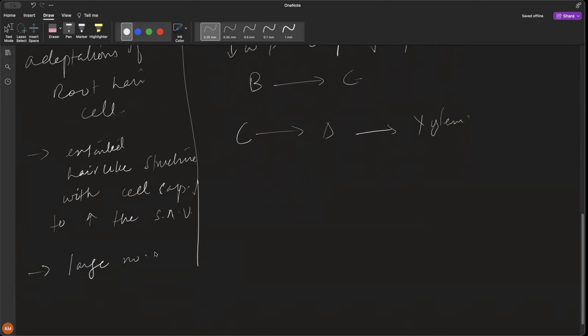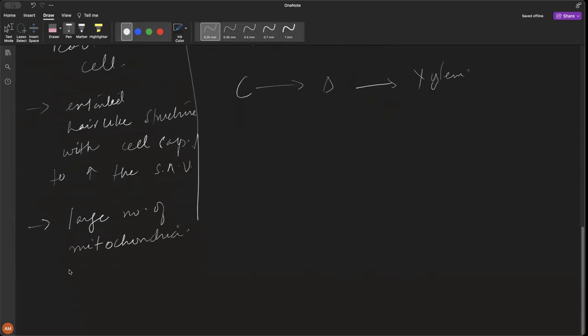Then a large number of mitochondria to do what? For active transport of ions to maintain the concentration, right?